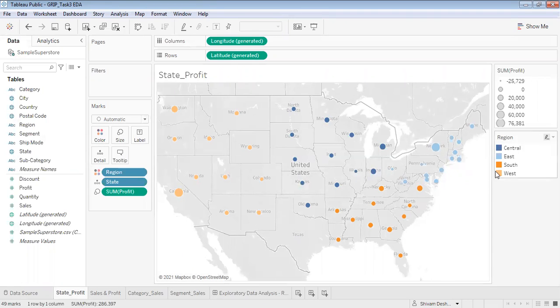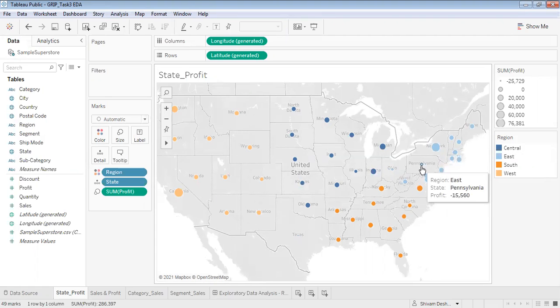Color marks have been used here, depicting different regions: central, east, south, and west, having different colors. And according to the profit, these bubbles are of increasing size. Where the bubbles are of greater size, the profit is more.